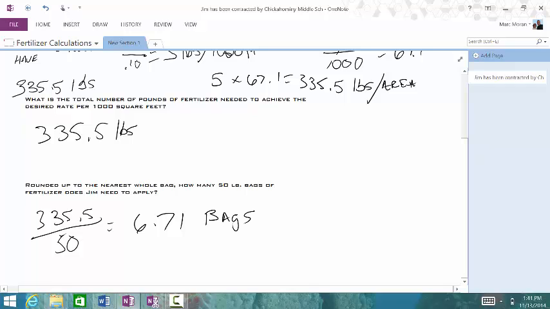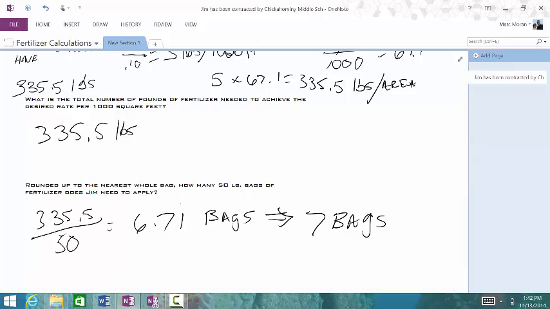Well, you can't buy 0.71 bags anywhere. And if you had a scale, you could kind of measure it out maybe. But a good rule of thumb would be that that converts to 7 bags. So I would have to buy 7 bags of 10-18-10 fertilizer to cover my area.